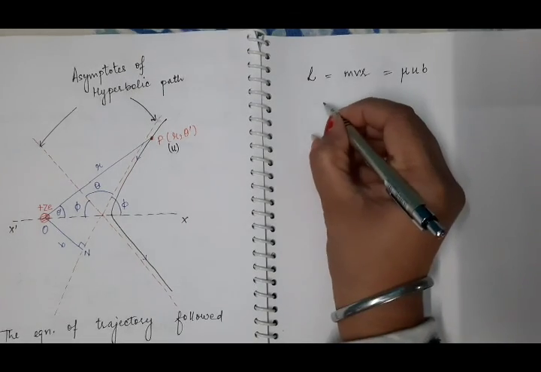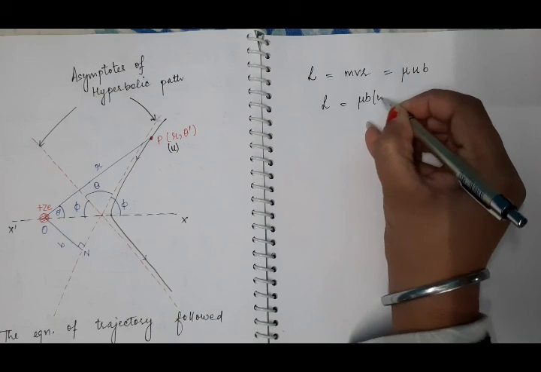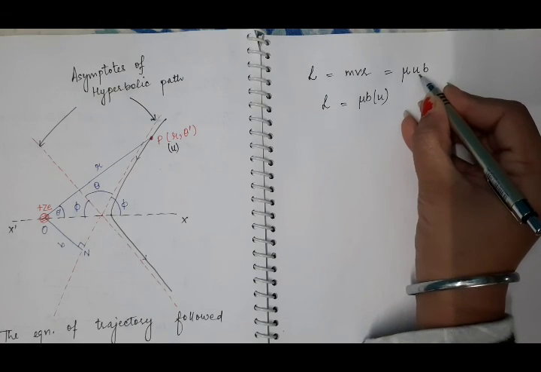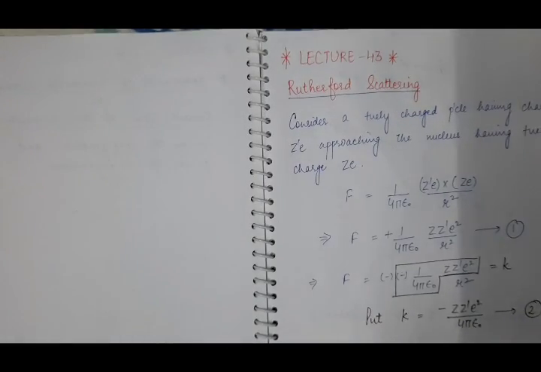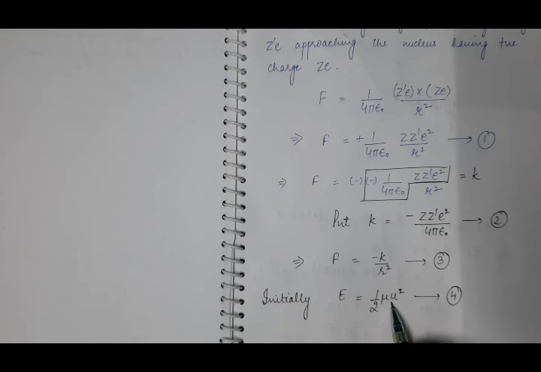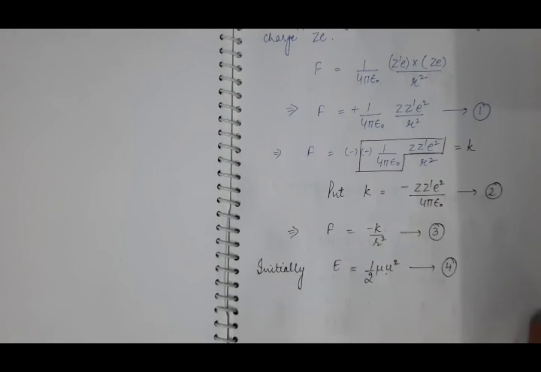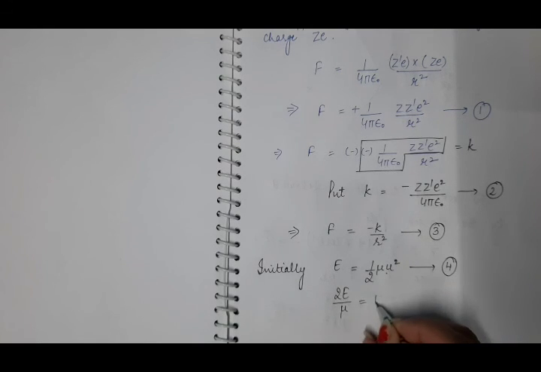So what will be the value of L? It is mu b, and put the value of u from the equation of energy. That equation is our equation number 4. From this equation 4, find the value of u. What will be u here? 2E by mu is equal to u square.